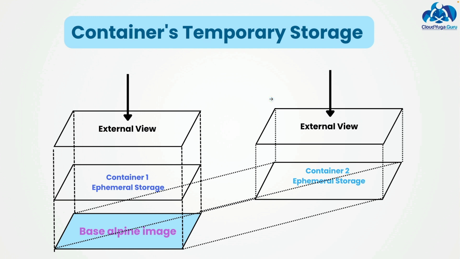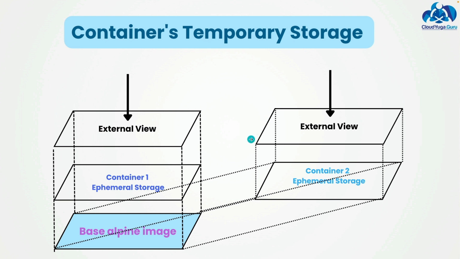But what if I want to save the container state in some way? So for example, if you have taken a base Ubuntu image, you have installed some software, you have cloned your source code, compiled it and made the binary ready for others to consume. Now, if you can't save that state, it is not going to be of any use.